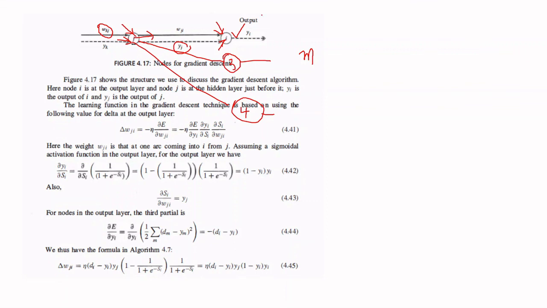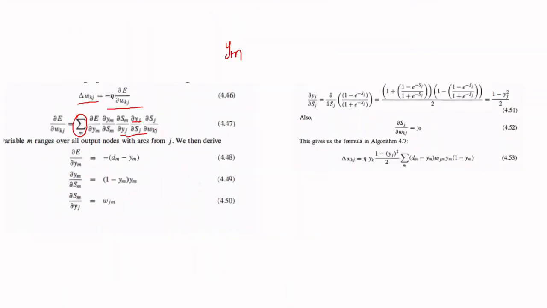So error is coming here and is propagated backwards like this. That is what this equation shows. The error dou E by dou Wkj can be written as the error propagated at each level. Each level you are propagating back, and that is why this algorithm is called the backpropagation algorithm. So again, like we did earlier, we have to calculate each of these terms.